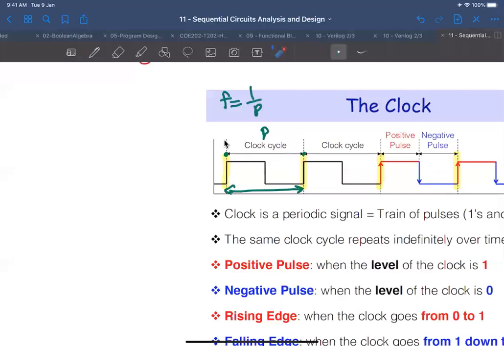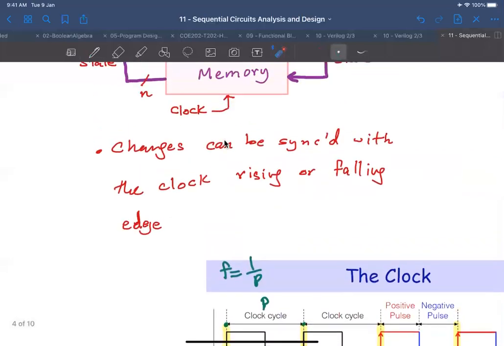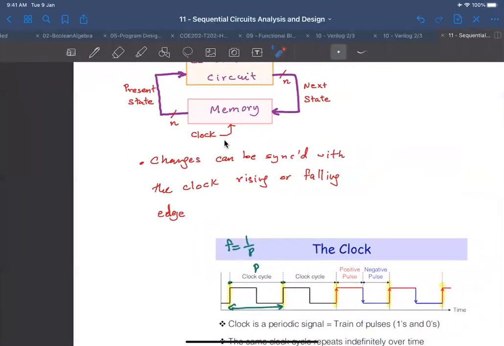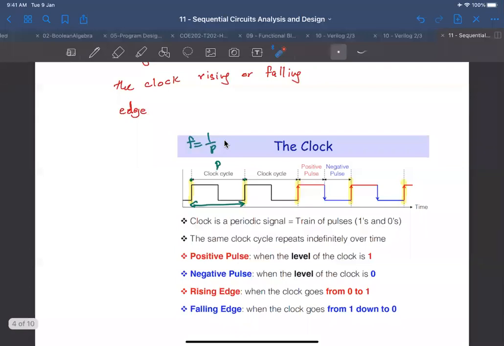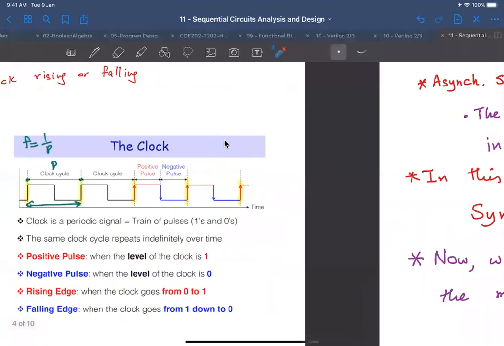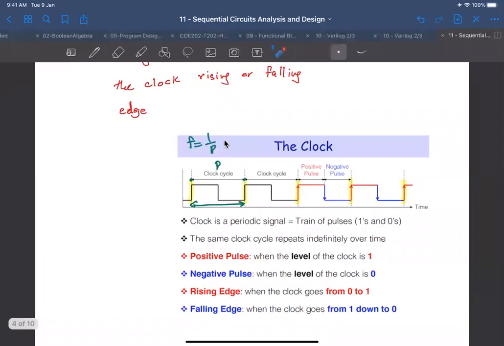So this is what we mean by synchronizing with the clock rising or falling edge. We will see gradually how to do that. We will study the positive edge triggered and negative edge triggered flip-flops and their structures.